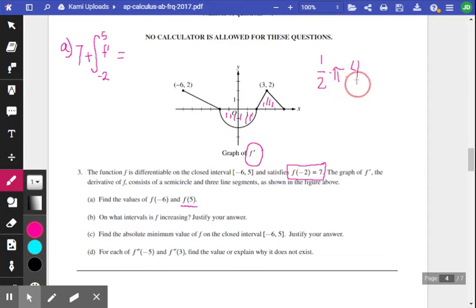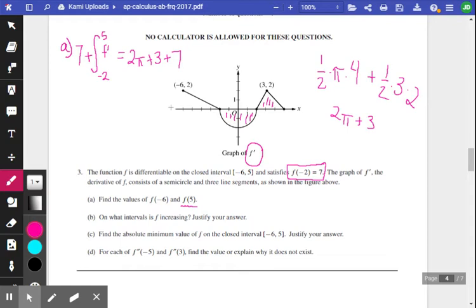The radius is 2. And then the triangle is going to be 1/2 times the base, which is 3, times the height, which is 2. So this is going to give me 2 pi plus 3. So that's the integral of this plus another 7. So I'm going to have 2 pi plus 3 plus 7. So 2 pi plus 10.